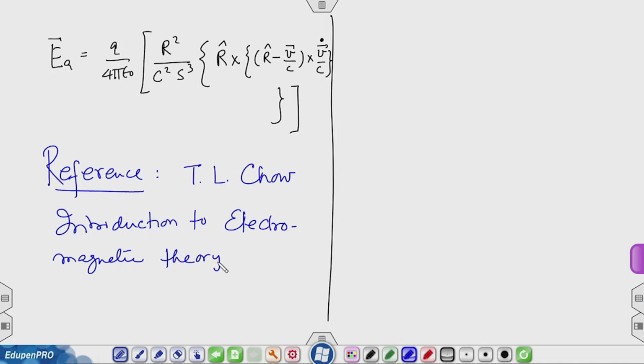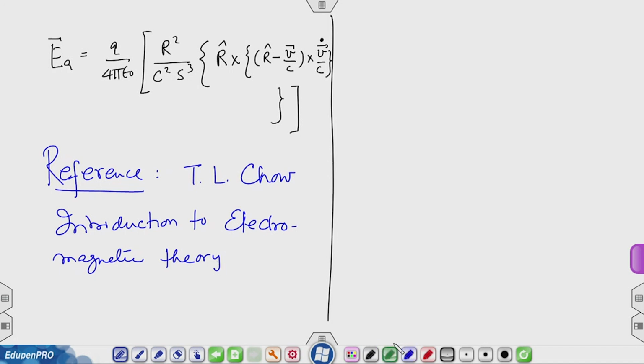This I found to be intuitively very appealing. There are various ways of deriving the same expressions. Griffiths has one, Zangwill has one. Jackson talks about a different way of doing it, basically a relativistic approach where the fields are calculated in the charge frame and then transformed into the lab frame. But I found this to be a very transparent and intuitively appealing approach, and so I took this.